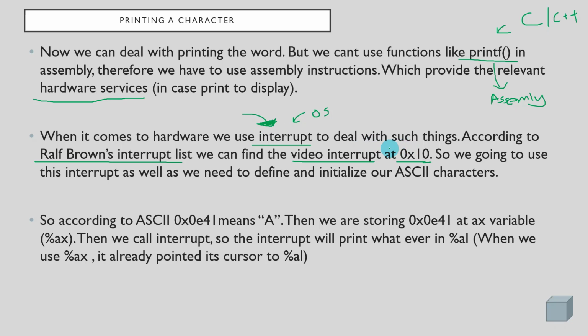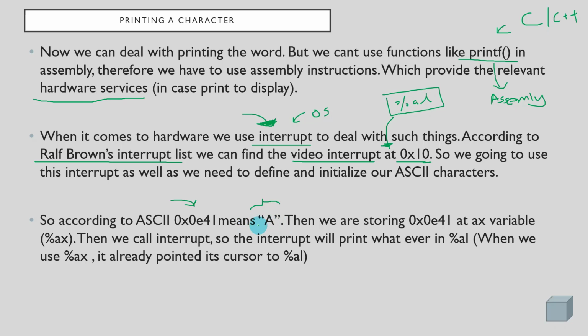This video interrupt deals with the AL register. AL is basically like a variable where it stores what we need to print. So this interrupt only works with this register. When we are dealing with machine structures, we can't use A directly, but we can use a value to indicate A.